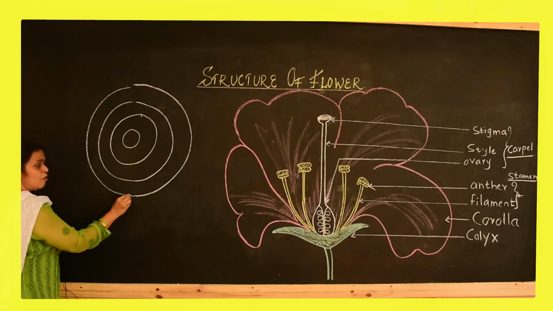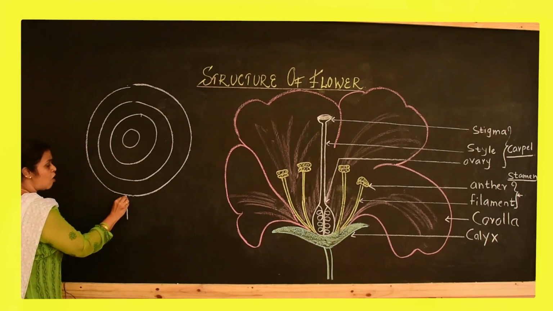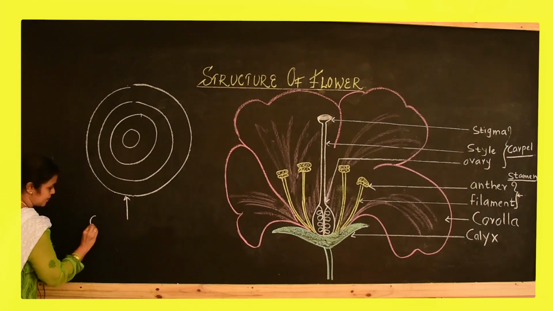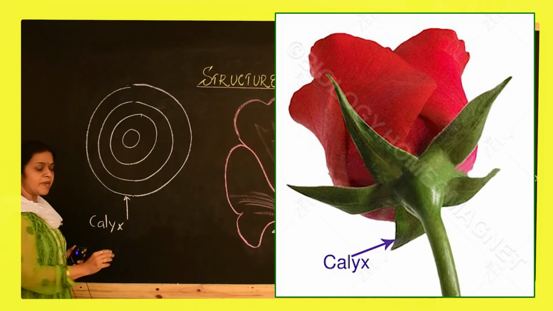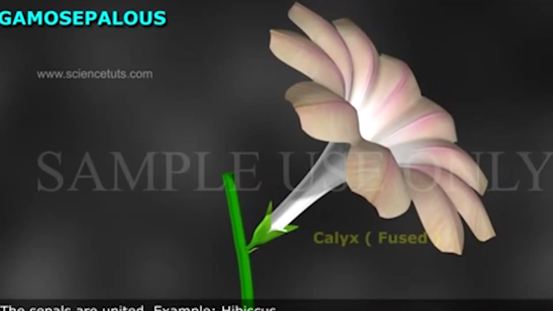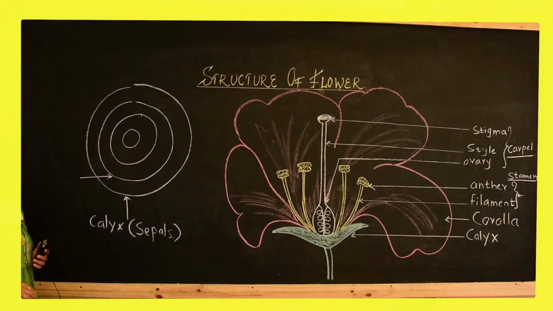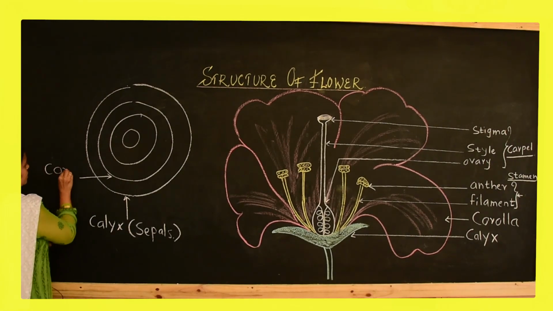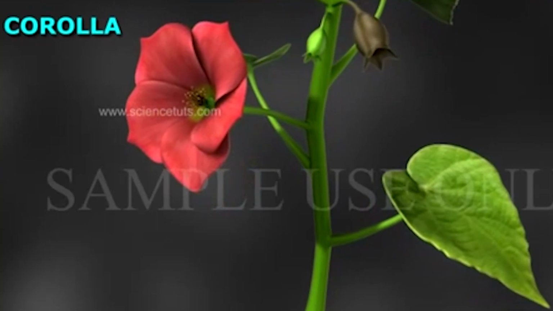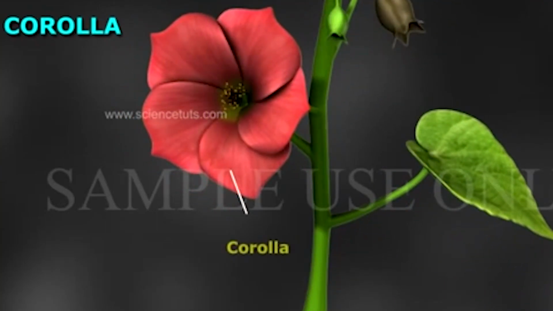In this, the outermost circle, that is the outermost whorl, is called as calyx. This calyx is made up of sepals. Inside that is the whorl which is called as corolla. Corolla is made up of petals.